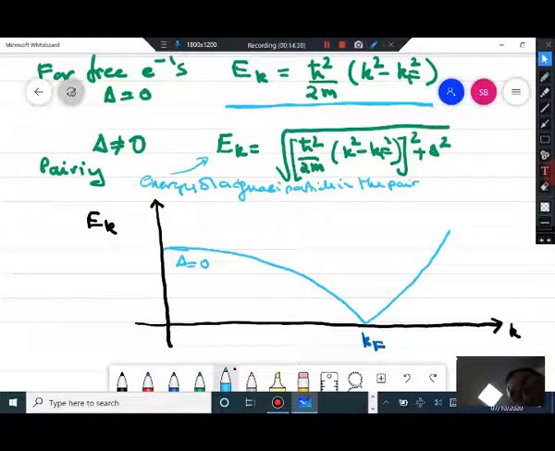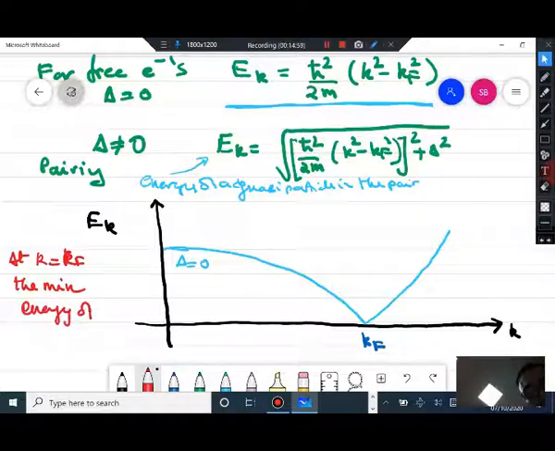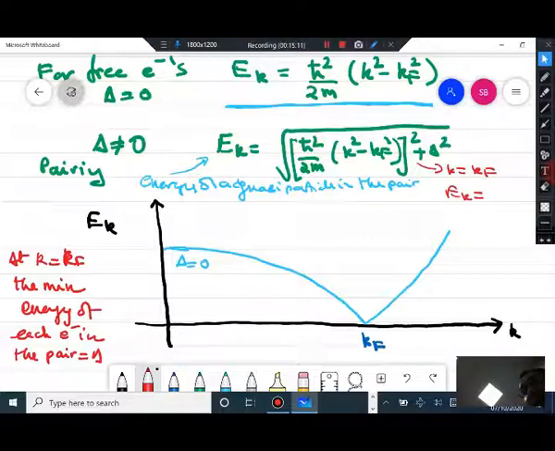You can see that the minimum of the energy will be at k equal to kf. The minimum energy of each electron in the pair is equal to delta. If you put k equal to kf, Ek at kf becomes equal to delta. You can see it from here.